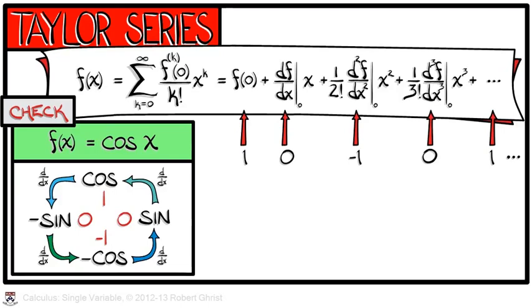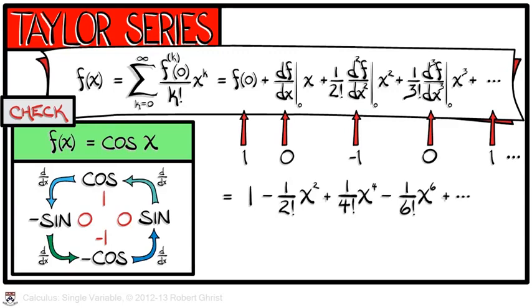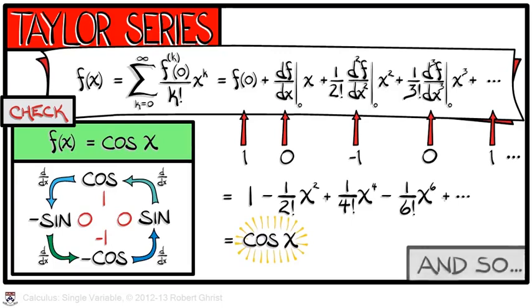The derivative at 0 is 0. Then -1, 0, 1, and the pattern continues. When we simplify this expression, we see that all of the odd degree terms have 0 coefficients, leaving us with only the even degree terms in this series, and with the now familiar alternating signs, giving us our familiar expression for cosine of x.